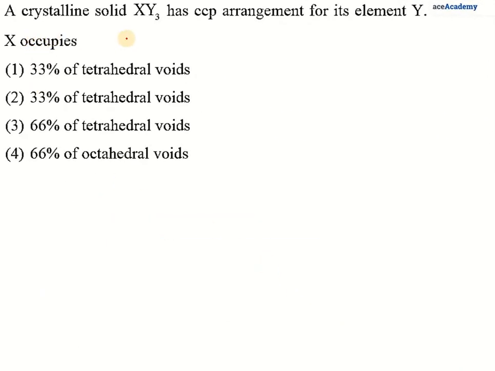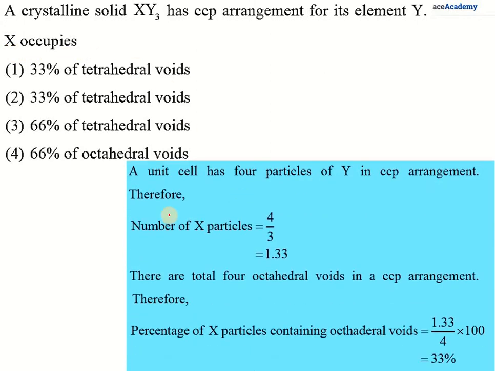Next, a crystalline solid XY3 has CCP arrangement for its element Y. Then X occupies how much percentage of tetrahedral voids? See, the unit cell has 4 particles of Y in CCP arrangement.